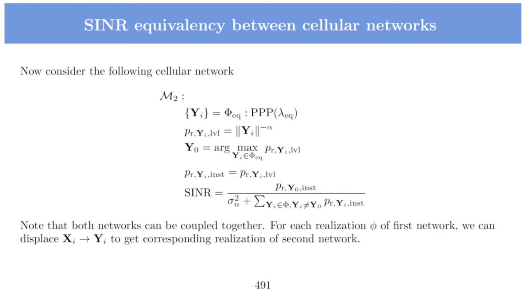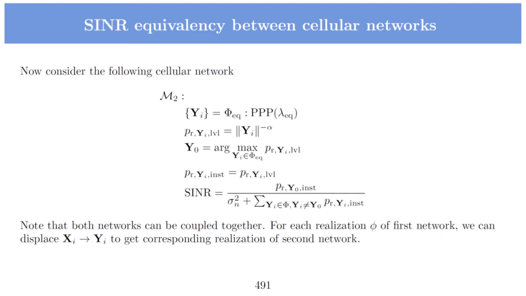So association will also be done based on the received power. So y_0, which is the best base station, is equal to the argument of maximization of this power level over all yi belonging to phi equivalent. Instantaneous power similarly is just equal to this power level, and the assigner is defined in the same way.